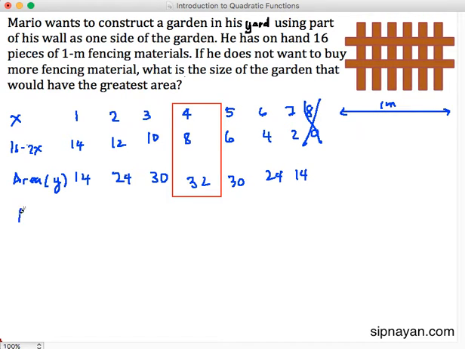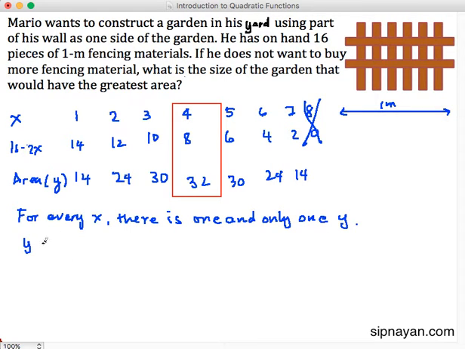So, for every x, there is exactly, or there is one and only 1 y. Naalala niyo ba kung anong definition to? Pwede na, so pag ganito yung definition that for every x there is one and only 1 y, then we can say that y is a function.